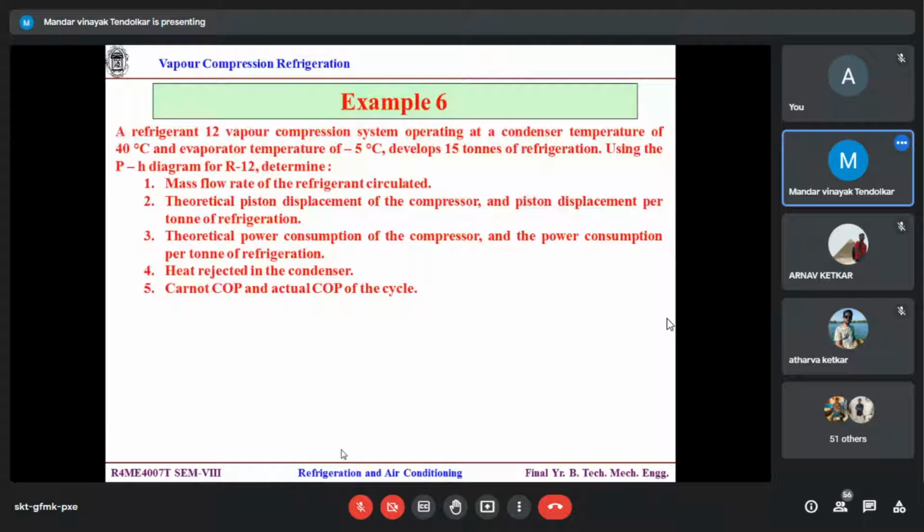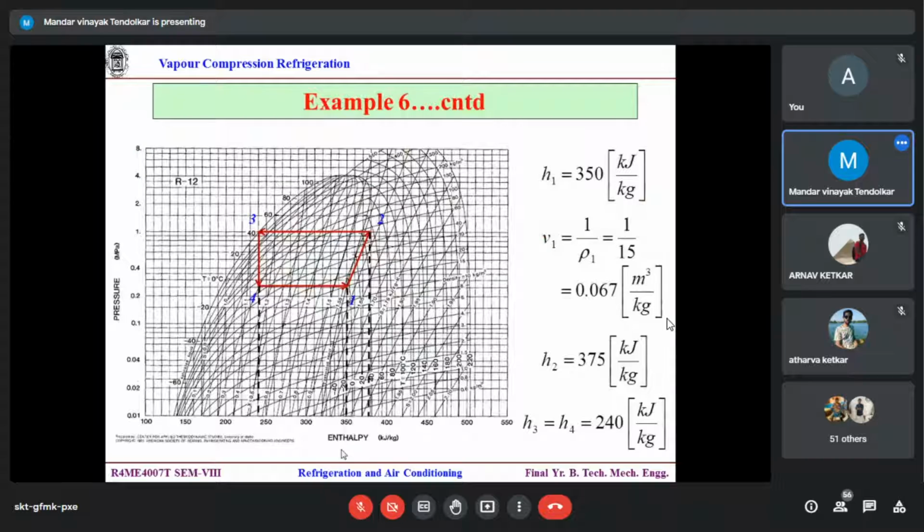Now you come to the chart. Are you getting this chart R12? Yes, sir. Now the temperature lines corresponding to 40 degrees are something like this, vertical. So we will find out the intersection of this saturated liquid curve and 40, like here.